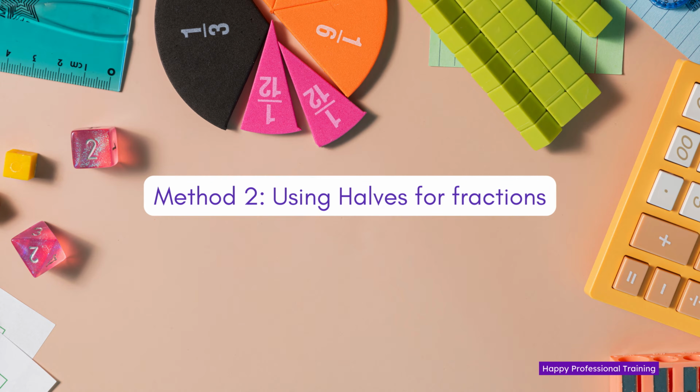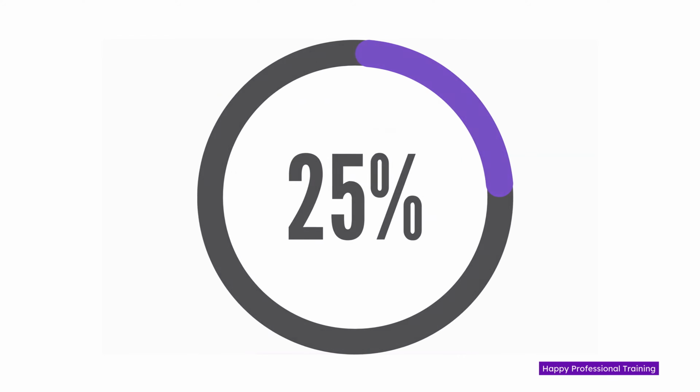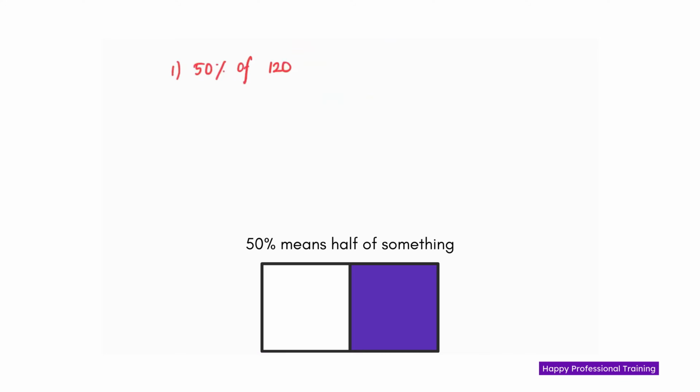The second method is super useful when you need to calculate percentages that are in fractions. Like for example, 50% or 25% or 75%. Let's try with some examples. First, let's find 50% of 120. What is 50%? It is just half of whatever the number is. So 120 by 2 equal to 60.